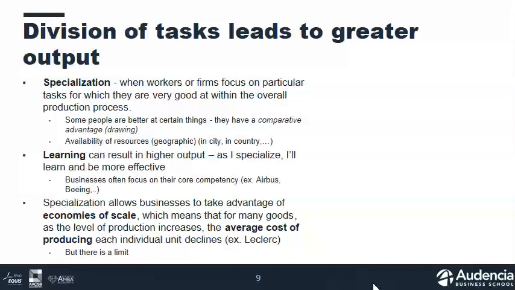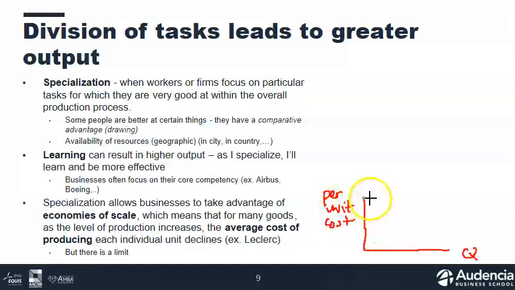So scale economies are basically saying that as, let me take my pen here for you, as the quantity we produce of something increases, so if I look at the quantity we produce here, and this is my cost per unit, for example, per unit cost.